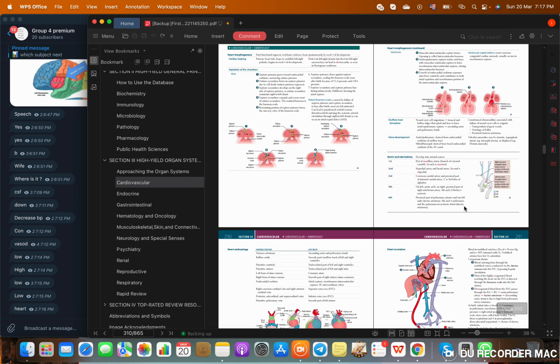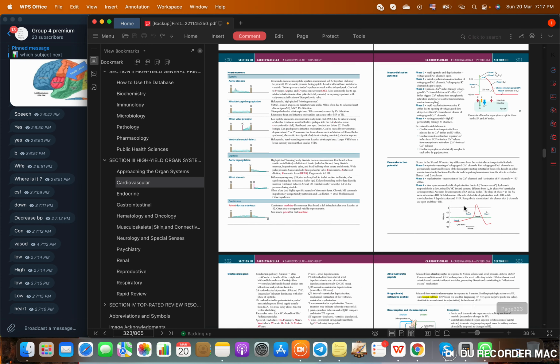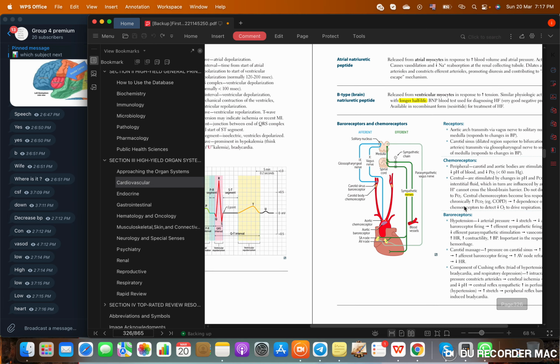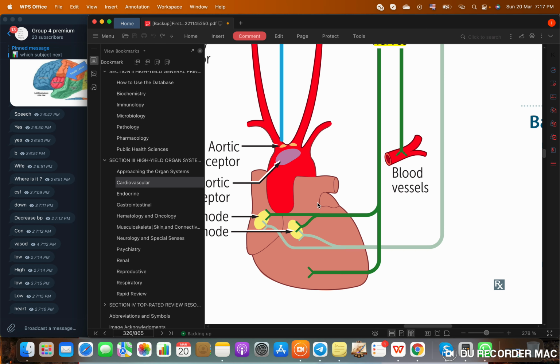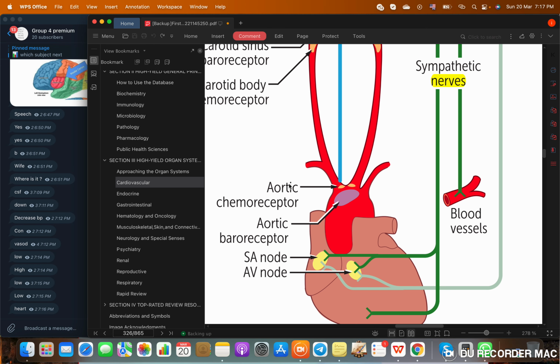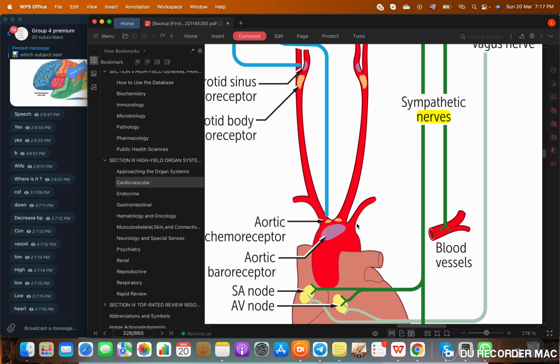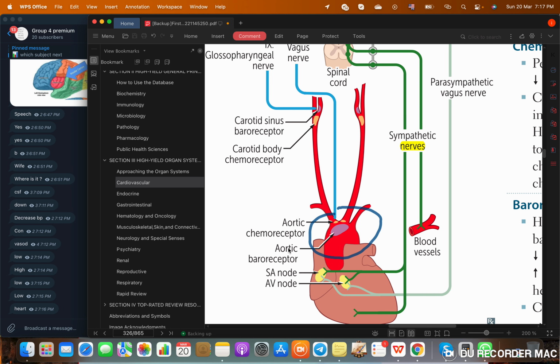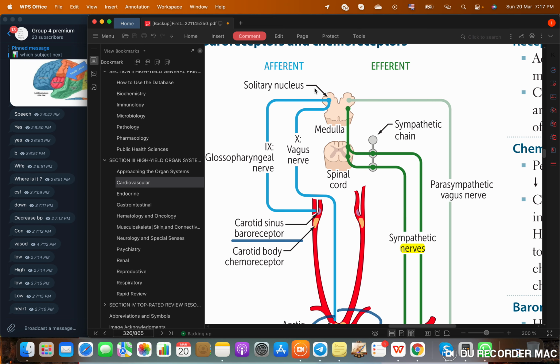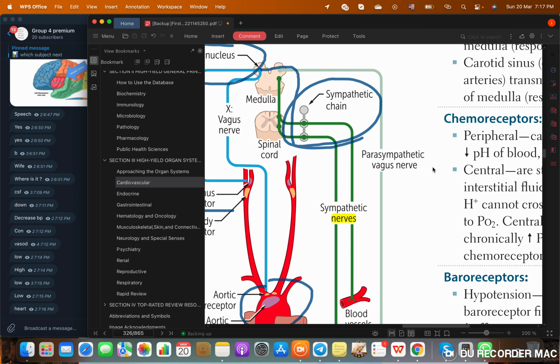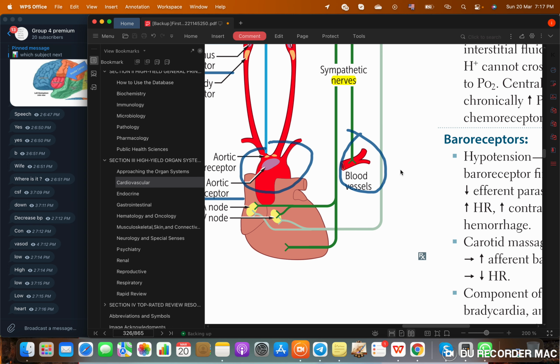The last point is this: the aortic and carotid baroreceptors, when they are stimulated, go to the solitary nucleus, and that will go to the sympathetic chain, which leads to blood vessel vasoconstriction.